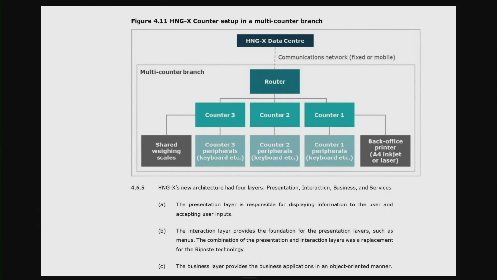So if you remember from a multi-counter example from the legacy Horizon, the configuration required one of the counters to be the gateway PC, which was responsible for communication directly to the data centers or to the campuses, and all of the other counters basically were connected to that gateway PC.